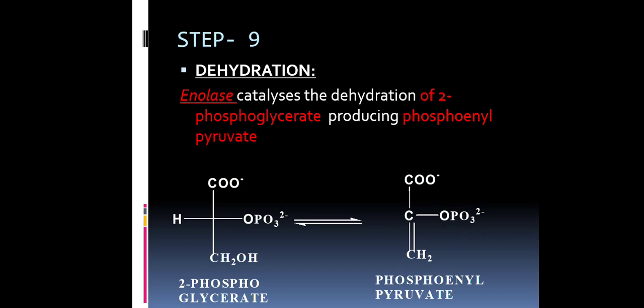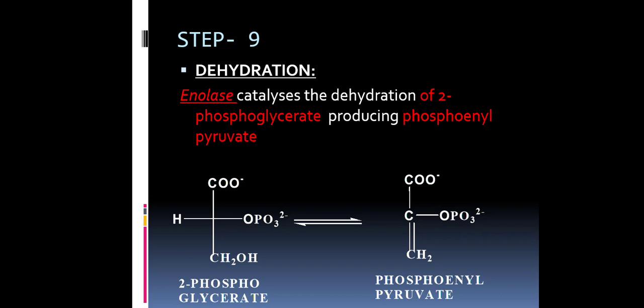So you can clearly see in 2-phosphoglycerate on the left hand side, there is CH2OH. OH is in the third carbon and H is in the second carbon. The OH from the third carbon and H from the second carbon are removed as H2O, and what gets introduced is a double bond. The product which you get is known as phosphoenolpyruvate, having a phosphate group in the second position.